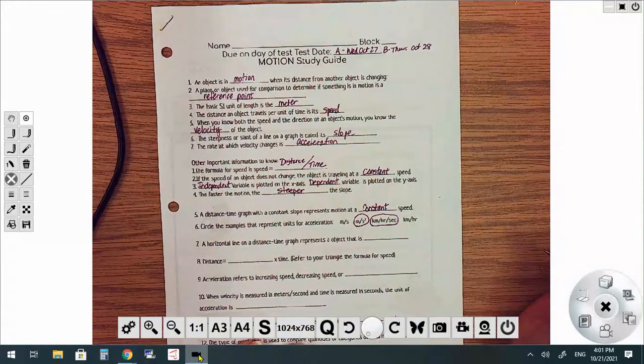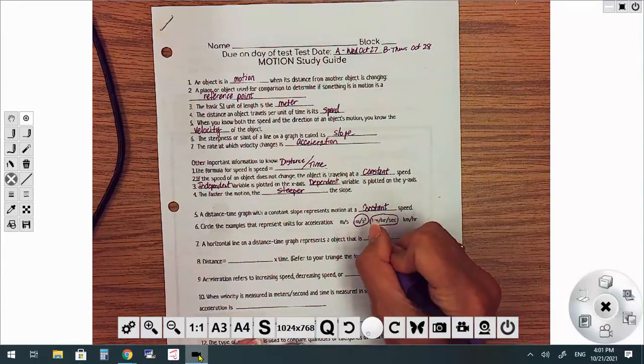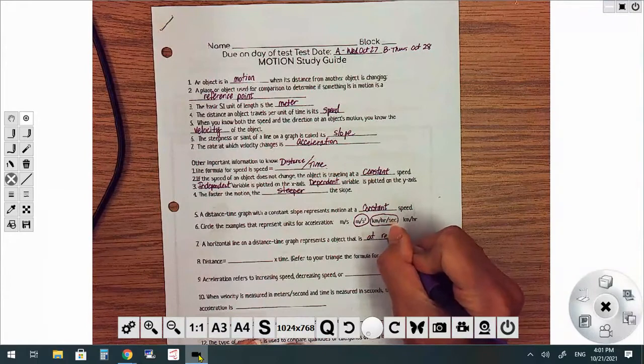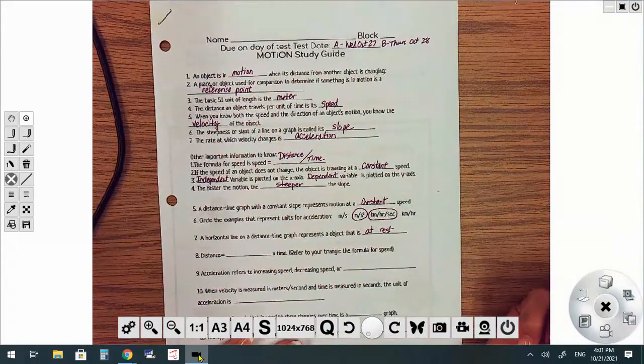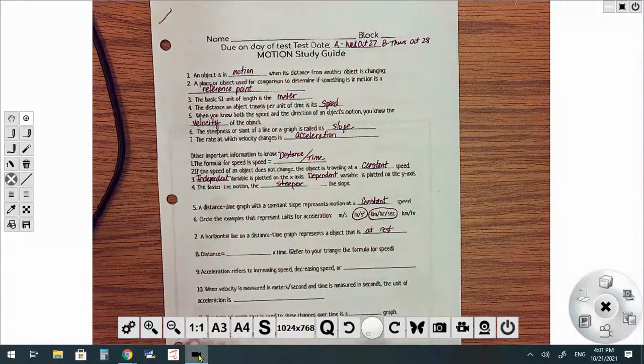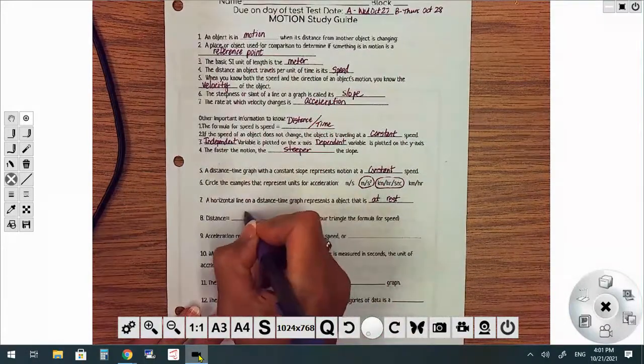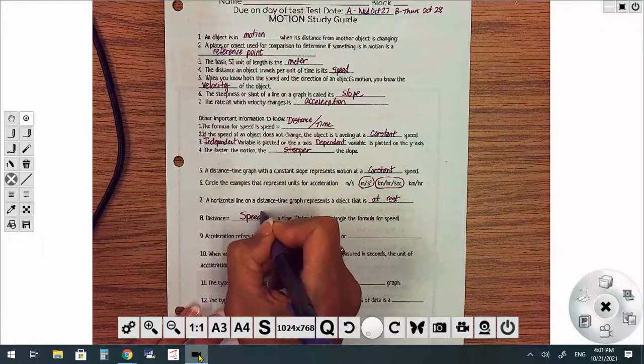Number 7, a horizontal line on a distance time graph represents an object that is, the object is at rest. Number 8, use your triangle to help you with this. Distance is equal to blank times time. Speed times time.